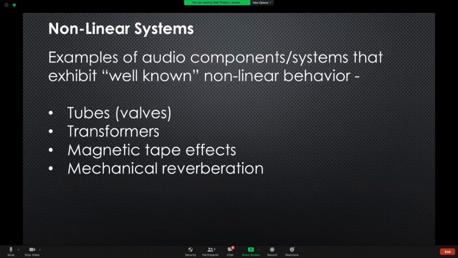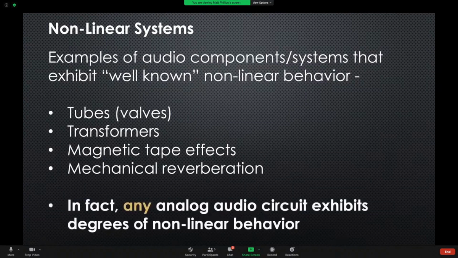They're very difficult to approach as a linear system because there are so many variables and parameters that aren't proportional. And in fact, something to keep in mind is that any analog audio circuit exhibits degrees of nonlinear behavior. Some are more nonlinear than others, but really any kind of analog electrical design is going to exhibit degrees of nonlinear behavior. It's just a case of us choosing how we approach that, and the scope of the project.